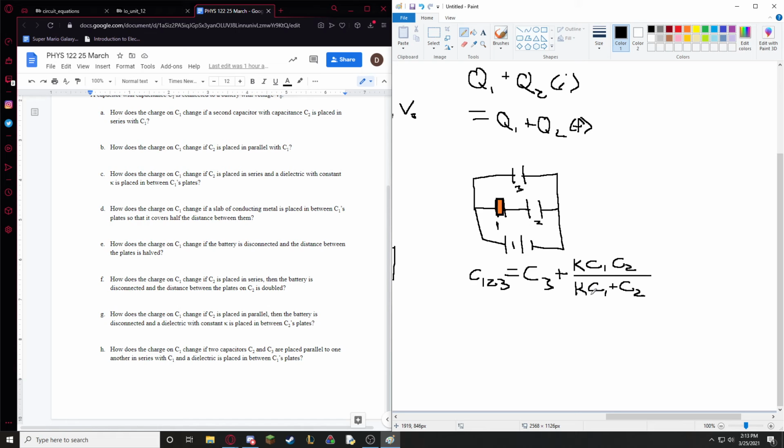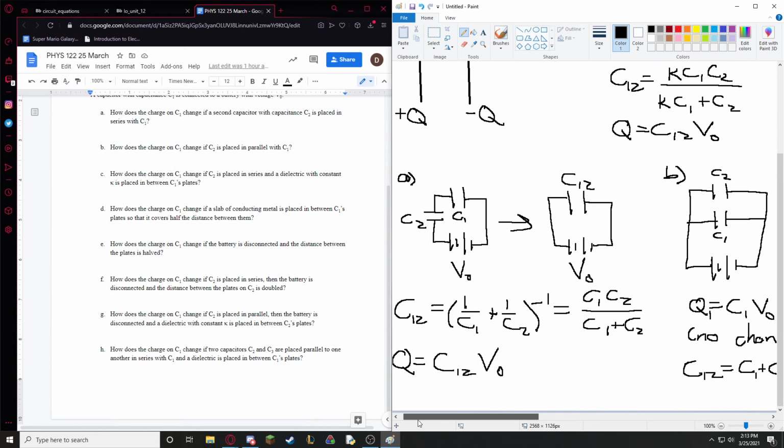And we know that our total net charge is going to be Q12, where it's the same charge in Q1 and Q2, plus our charge on Q3.